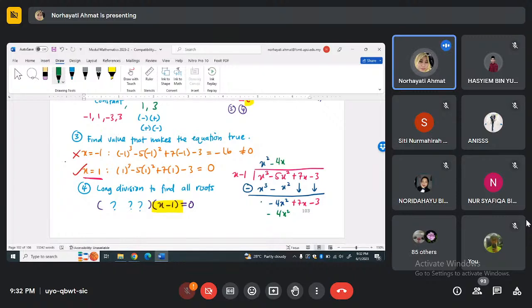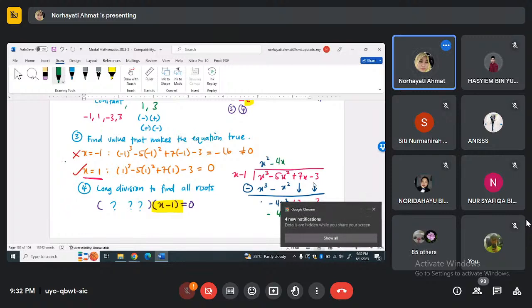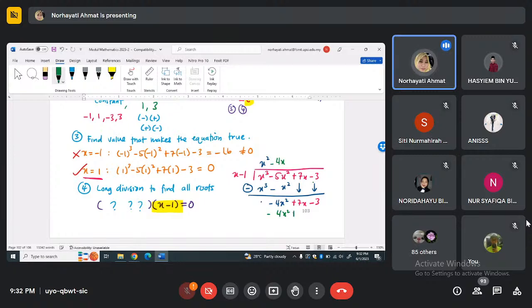And then negative 4x times negative 1 is positive 4x. Okay, so subtract. Kita akan dapat, apa dia kelas? Ni kosong. Ini 7x minus 4x. Okay, we get 3x minus 3. 7 minus 4 is 3.